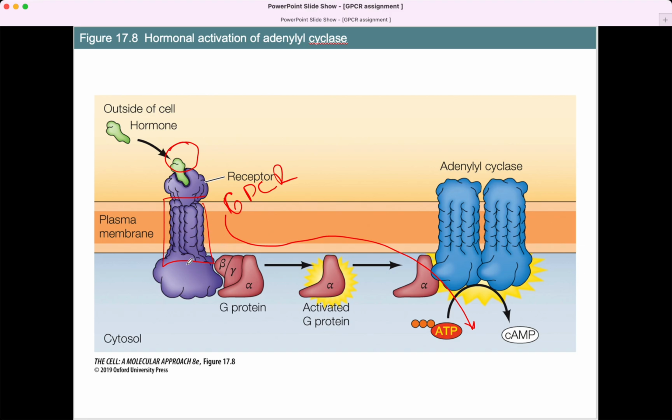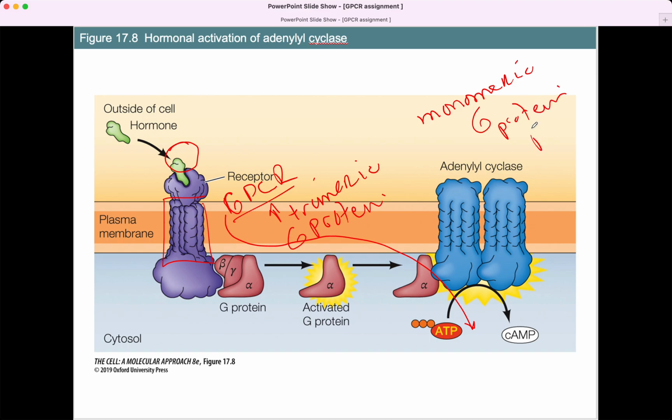What happens is the receptor gets activated. And the first step for G protein coupled receptors, because that's their name, is they activate a G protein. We're going to call this a trimeric G protein, which is different than the monomeric G protein we are learning about called RAS.